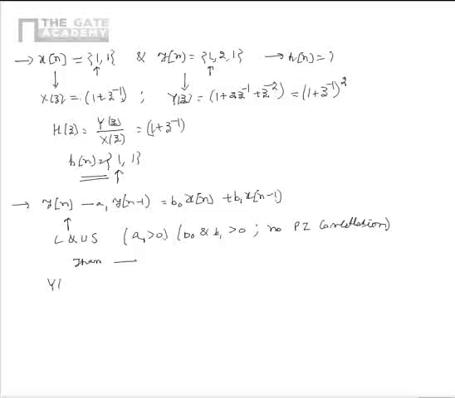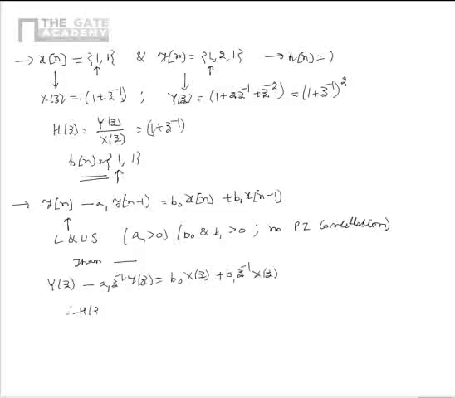So by taking Z transform on both sides for the given difference equation, we get that y of z minus a1 z inverse y of z is equal to b0 x of z plus b1 z inverse x of z.